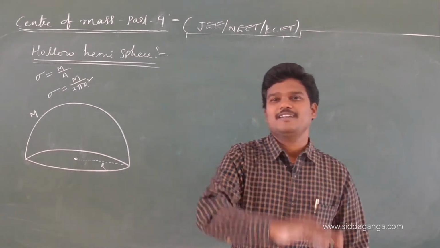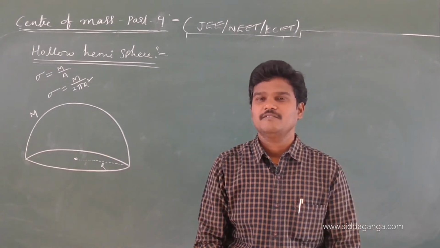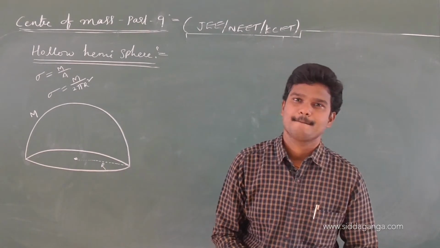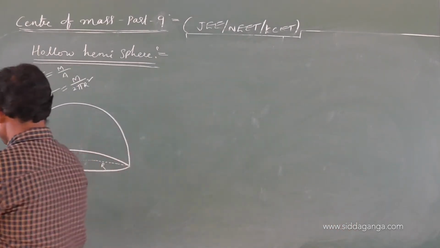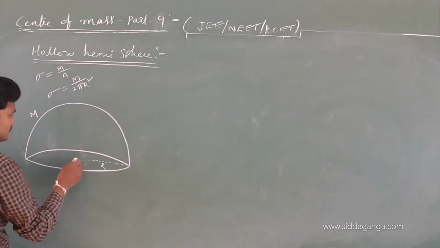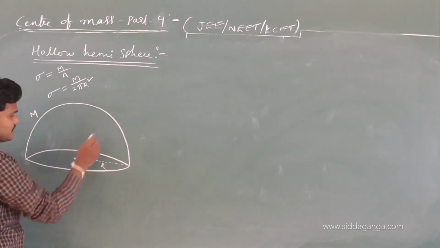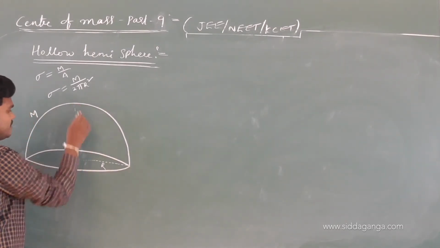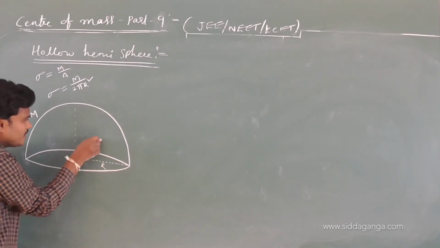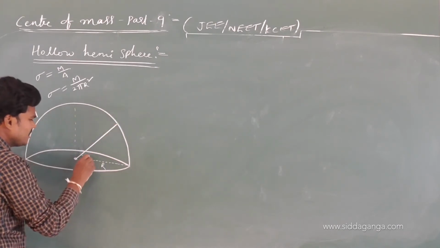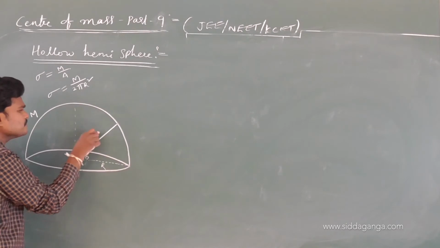Then go for a small element. Let us see in what way we have to take the small element. See, to solve this question, take a small elemental length on any one side. Now at an angle of theta, I am taking a small portion.